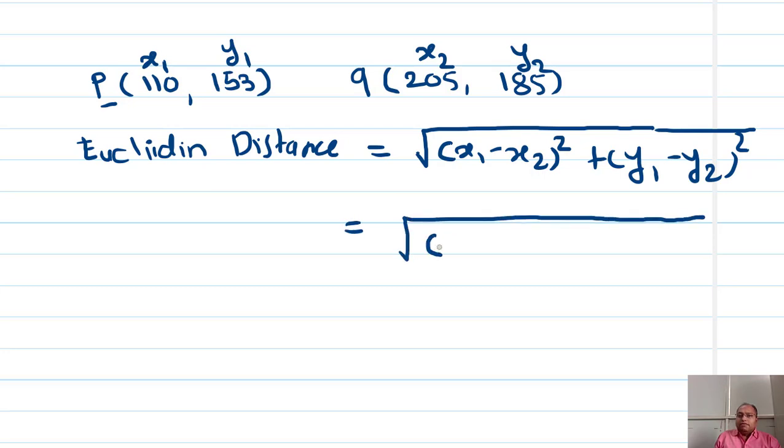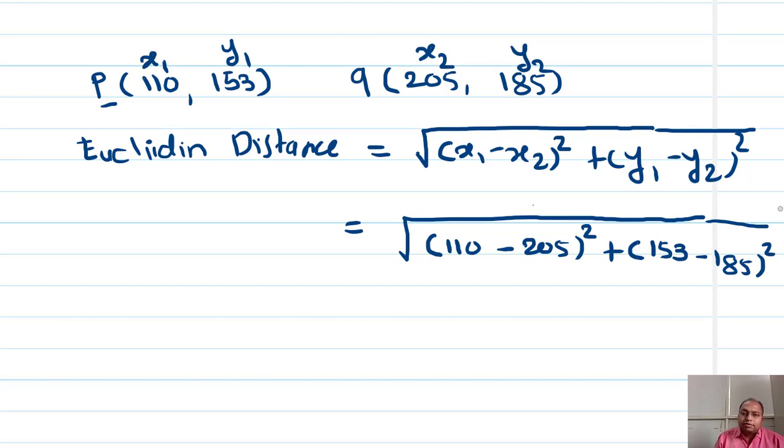Now let us find the Euclidean distance. x1 is 110 and x2 is 205, squared, plus the y coordinates of the corresponding pixels, 153 minus 185, squared.